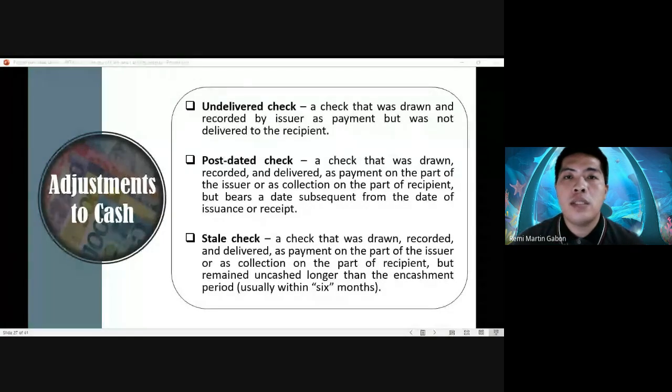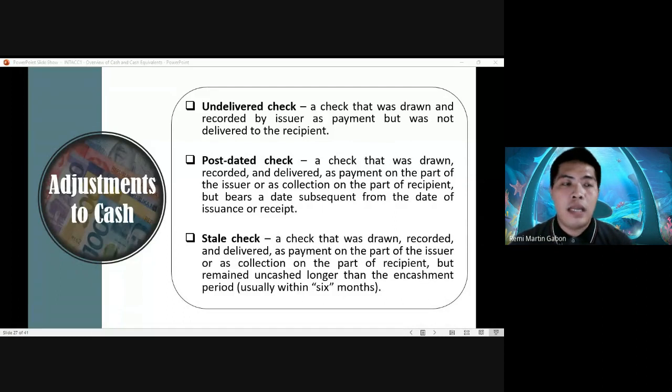When we say drawn, something has been written, an important thing on that check, the amounts, the details, then that check had been recorded by the issuer as a payment, but was not delivered to the recipient. The perspective that we have for undelivered check is on the perspective of the issuer. If we are the issuer, or if the entity that we are making the accounting for is that entity, siya yung issuer ng check na yan.